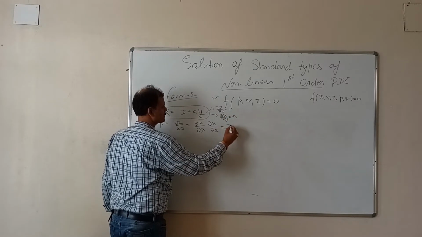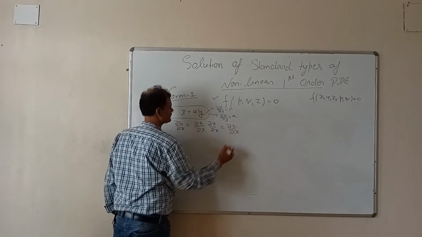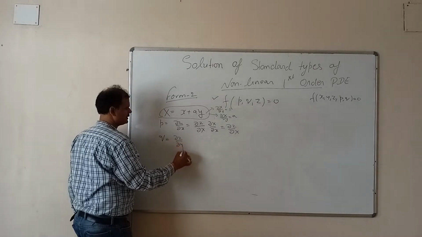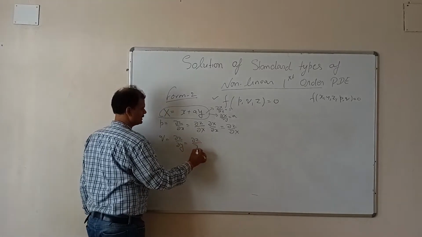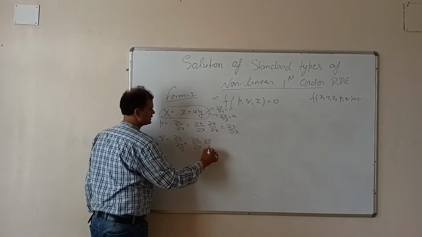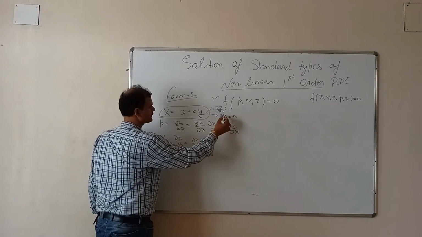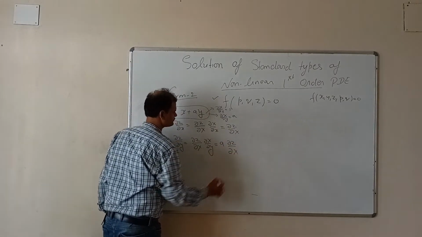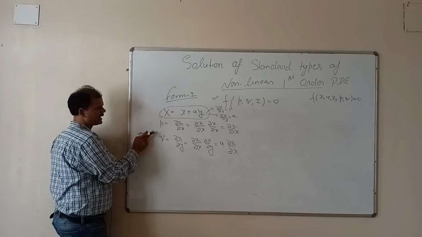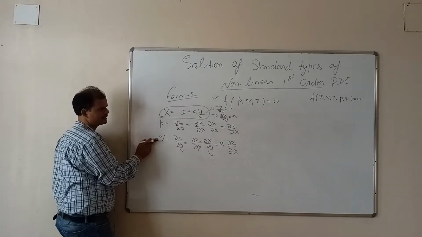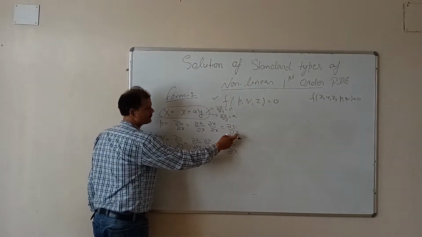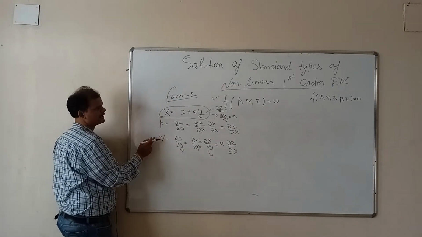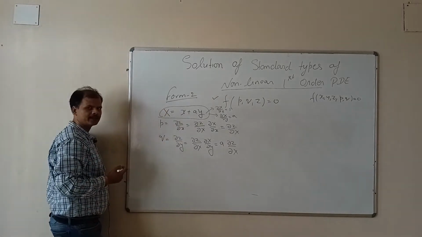So I can write p as del z by del X. And what is q? q equal to del z by del y, so I can write del z by del X and del X by del y. This is a, so q is a del z by del X. So if you see, p and q both we have converted into the single independent variable capital X. Then we can substitute this value of p, q and we can solve it.